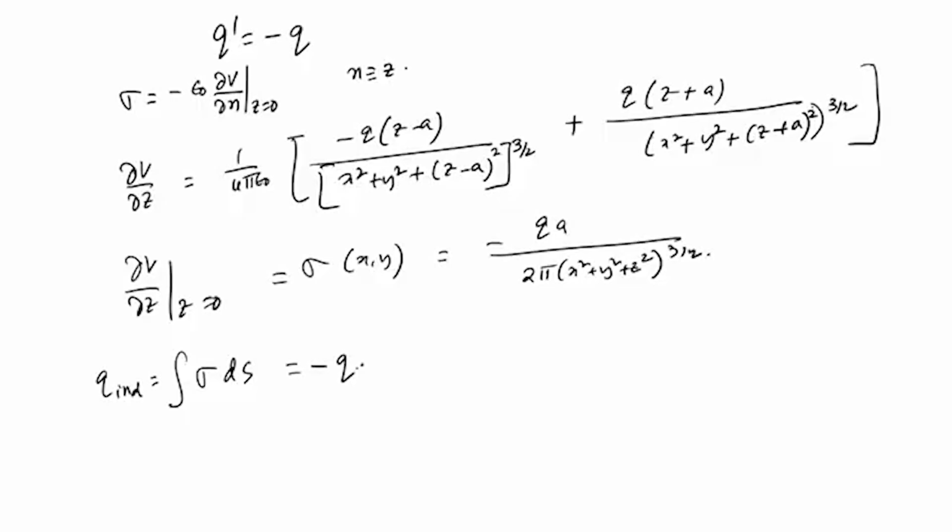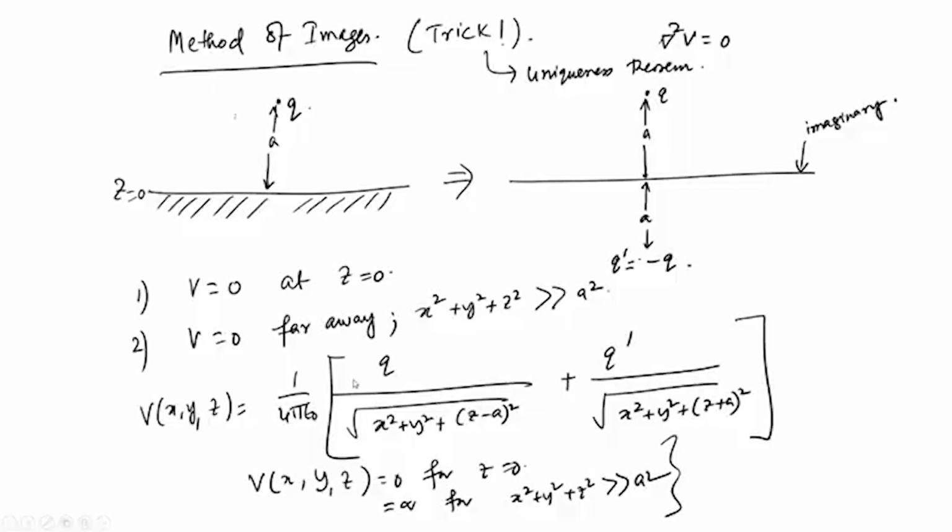So, the upshot of this problem is that this potential that you have written down purely by changing the problem from a point charge q in front of a conducting plane to removing the plane completely and putting two charges, say q and q prime, where later on q prime came out to be minus q, and writing down these potential functions by applying this trick.